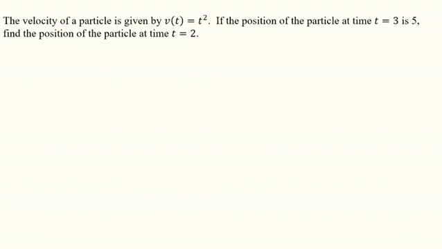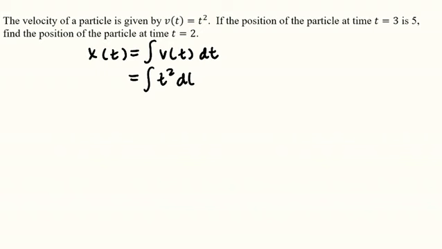So right now, if v is t squared, x of t is the antiderivative of v of t with respect to t. So that's going to be the antiderivative of t squared with respect to t, and that's going to be 1/3 t to the third plus c. And I'm going to use that the position is 5 when the time is 3. So 3 to the third is 27.